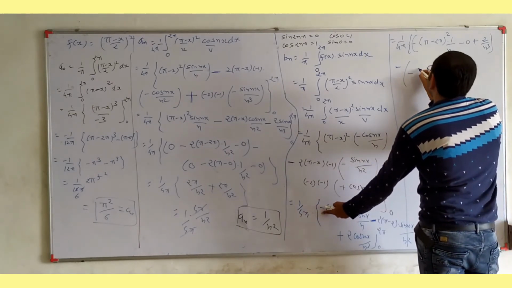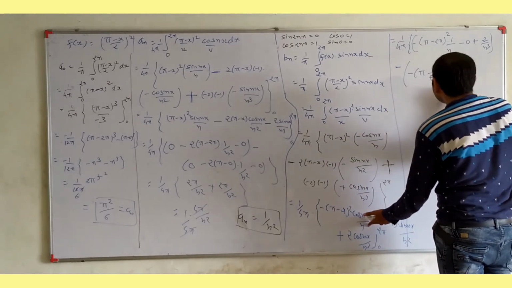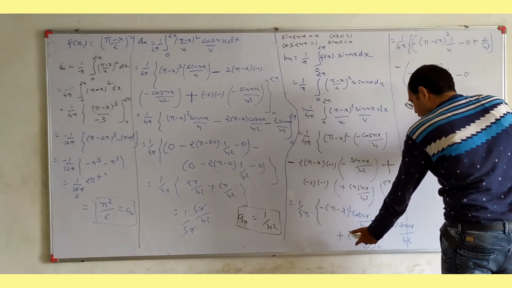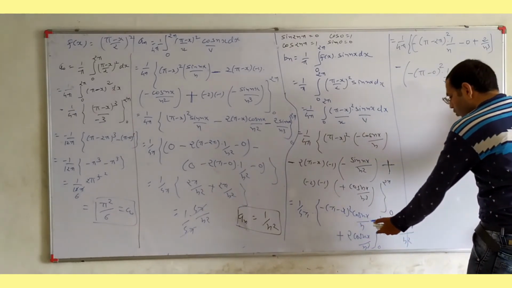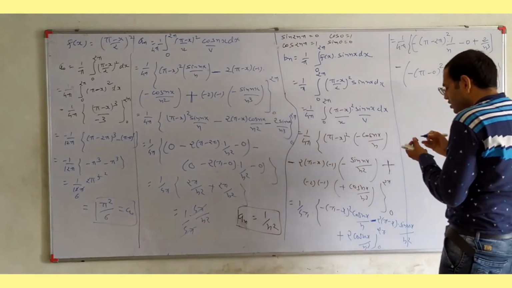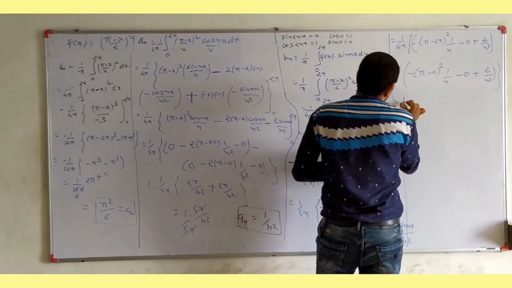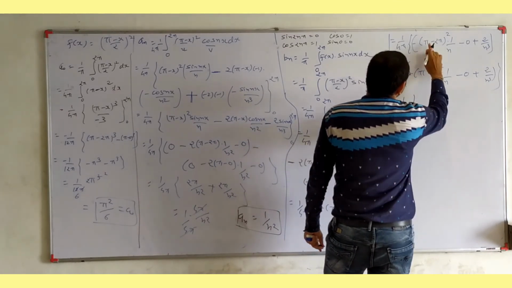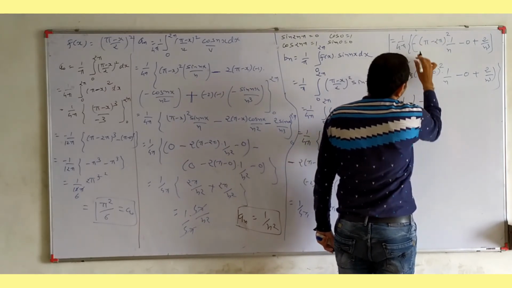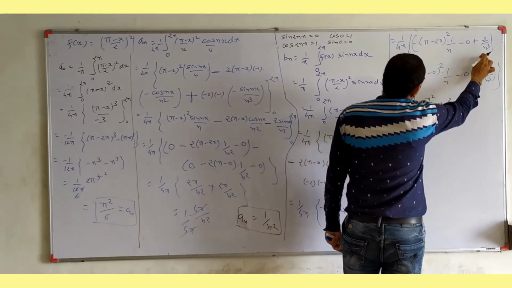Substitute 0, then minus pi minus 0 whole square cos 0 is 1, then 1 upon n sin 0 is 0, then 0 into anything is 0, plus 2 cos 0 is 1, then 2 pi n cube. Then just expand the brackets. Then 1 upon 4 pi as it is, pi minus 2 pi, then minus pi square, then pi square, then above minus n as it is, then pi square by n plus 2 by n cube.